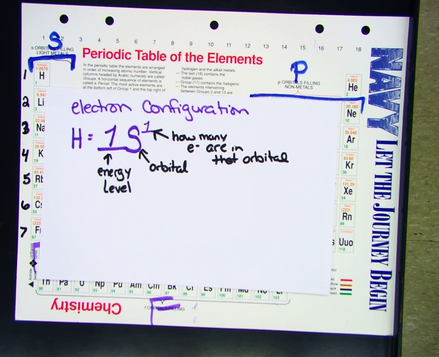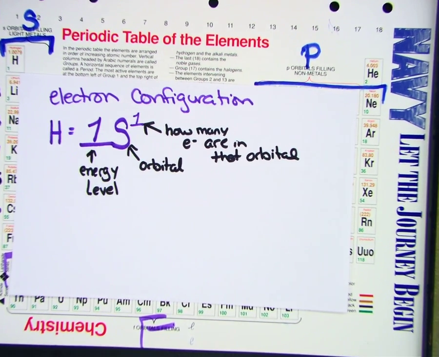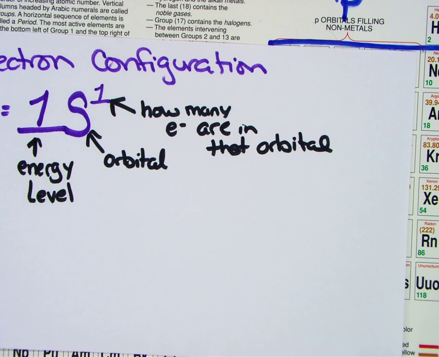This is the address for that electron. It lives in energy level 1, the s orbital, and it lives by itself. We're going to do the whole thing. That's for hydrogen.